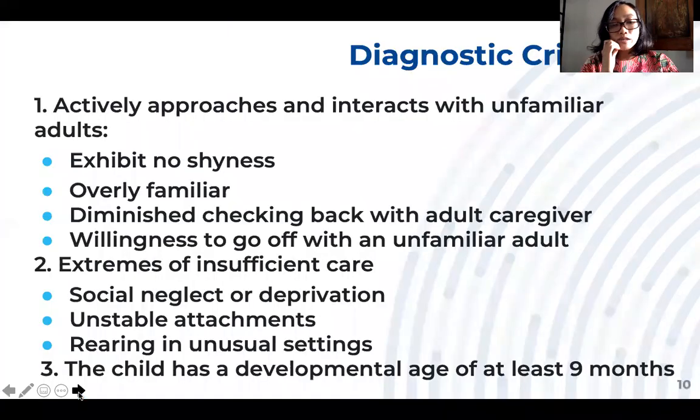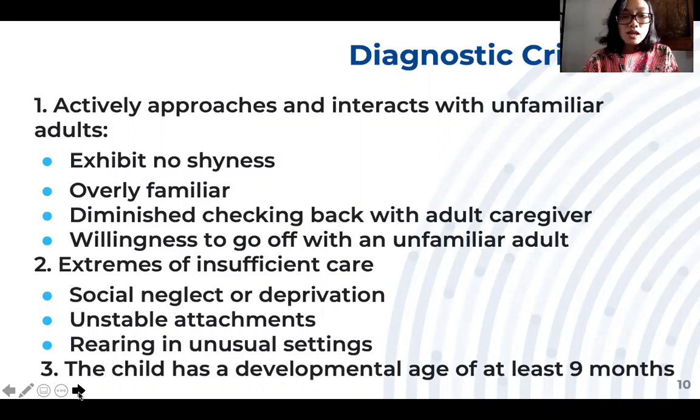But according to DSM-5, symptoms of DSED in children may include, the first one, actively approaching and interacting with unfamiliar adults. This means that they exhibit no shyness when meeting new people for the first time. They have no fear when approaching and interacting with adult strangers.